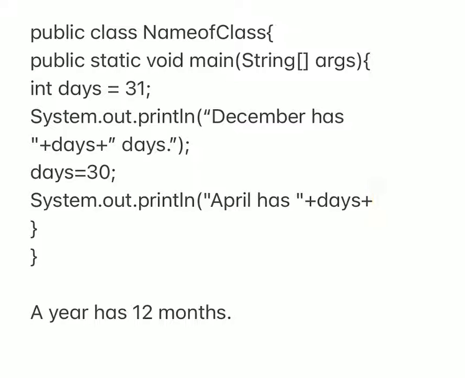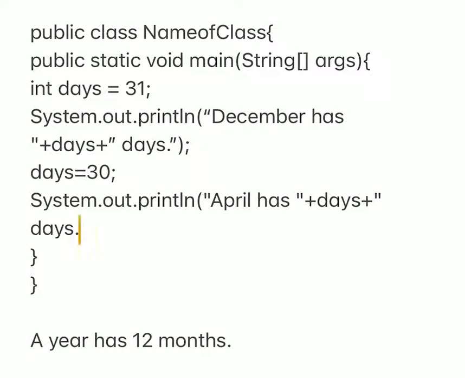Plus sign, the word days, plus sign, and then we pick up the quotation again, so we put another quotation mark. Space, days, period, and then quotation mark, and then parenthesis, and semicolon again.